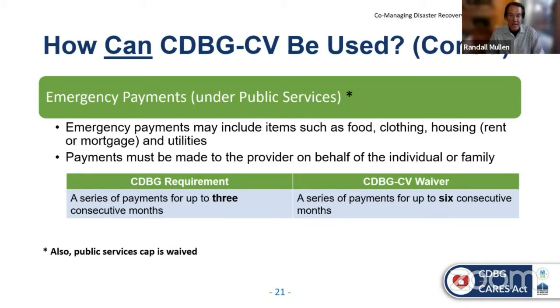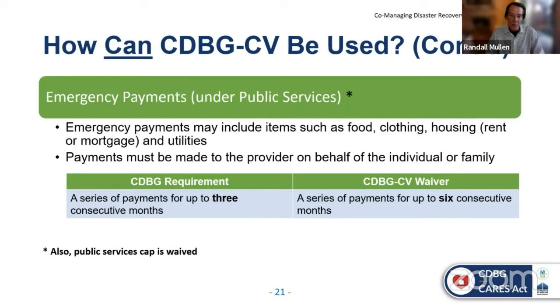The simple table you see on this slide indicates a related alternative requirement, which permits emergency payments under CDBG-CV for up to 6 consecutive months. That is, instead of the 3 consecutive months permitted by CDBG.